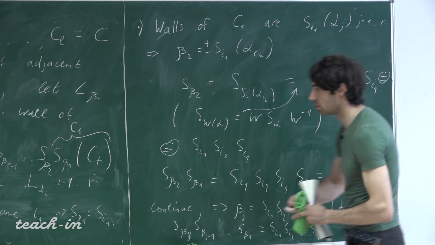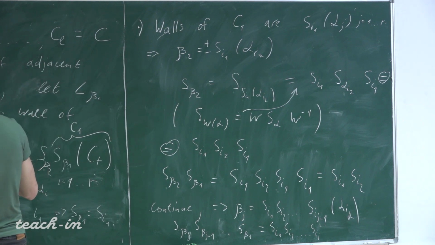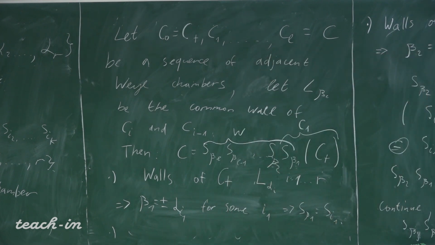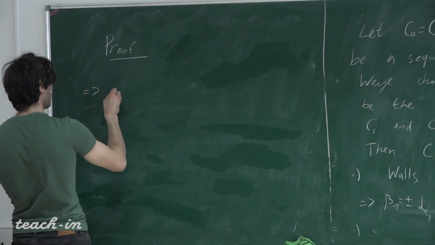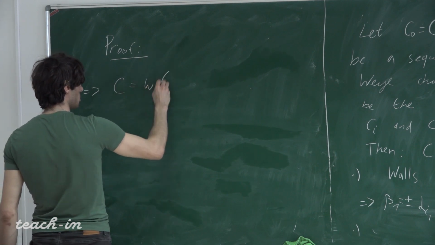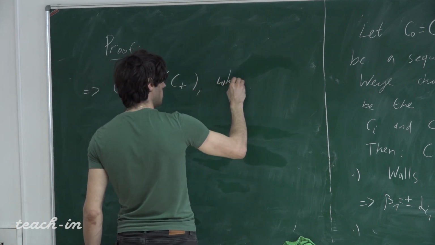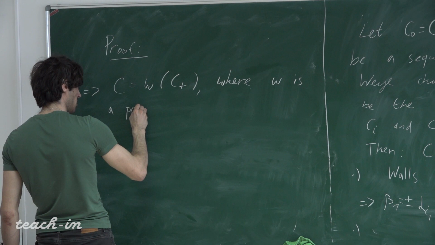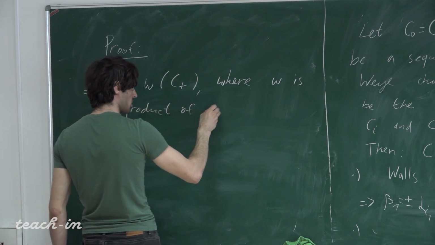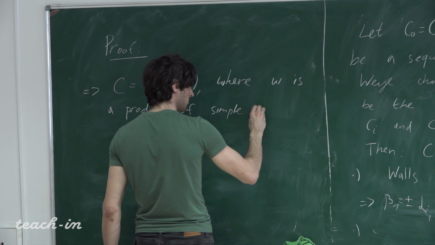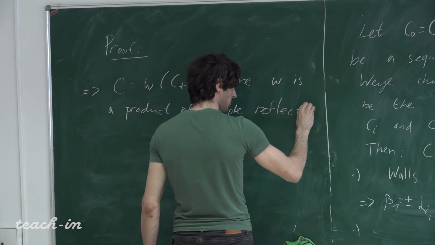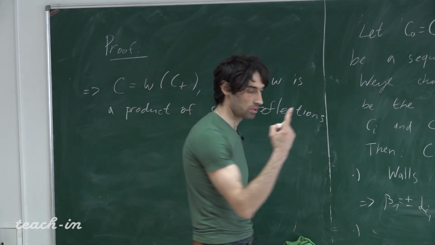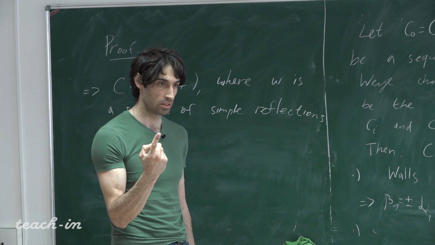At the end, if we denote this as W, right? So therefore, C is W C plus, where W is a product of simple reflections. But then remember, we started with the root alpha, right?